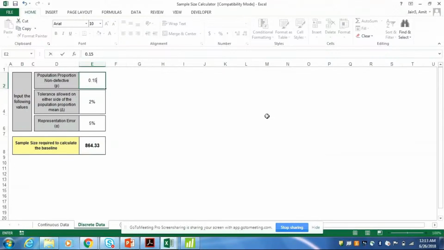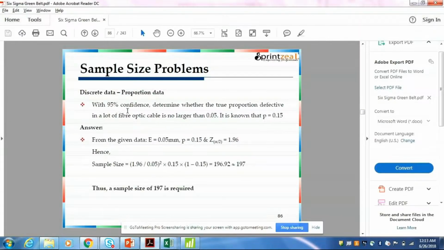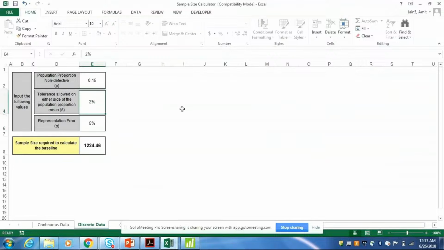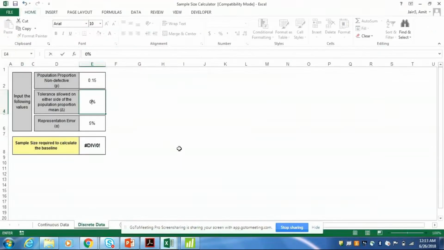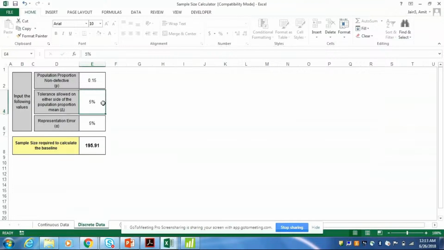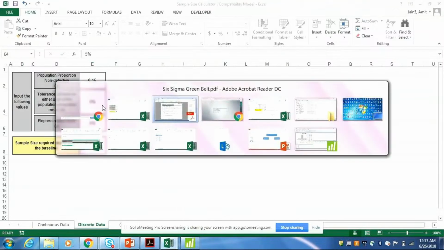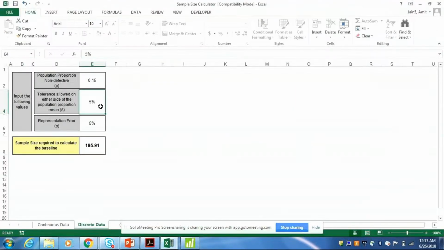So P is 0.15, 95 representation. So here 0.05, I had to convert into percentage, 5%.